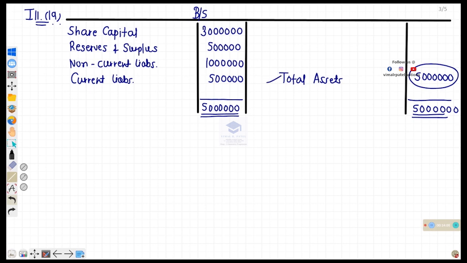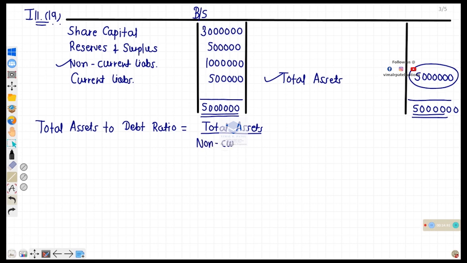So total assets and non-current liability: 50 lakhs divided by 10 lakhs. So that is 5:1.